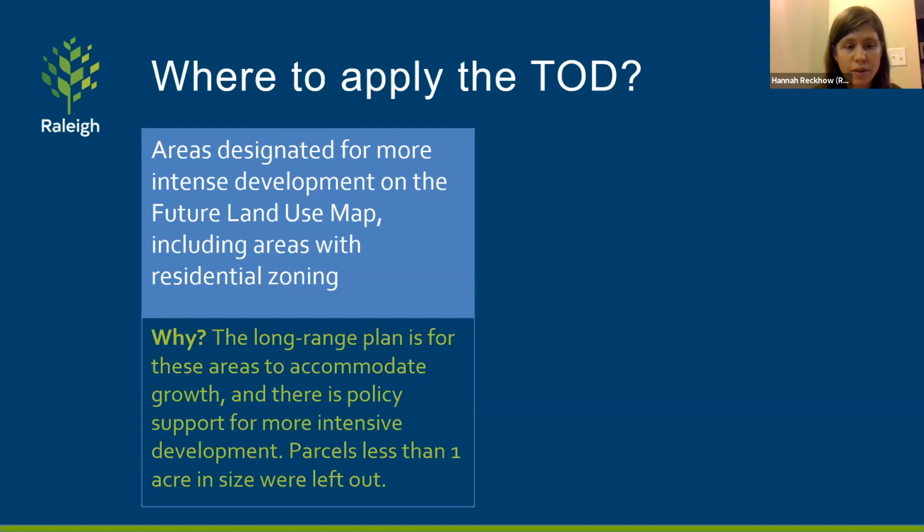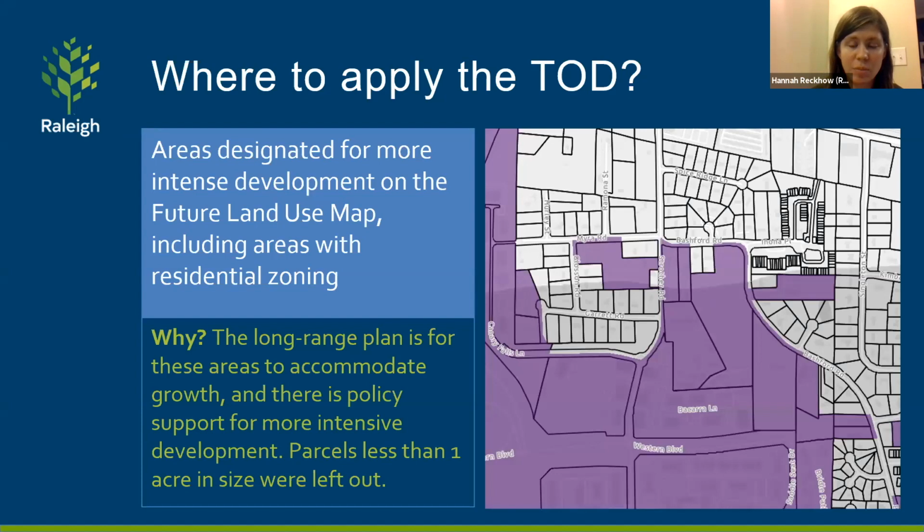And so these are areas where there is a long-range plan to accommodate growth and likely to be redevelopment here. An example of this is also along Western, farther west, north of Western Boulevard near Bashford Road. These properties are larger in size and don't currently have mixed use development, but are designated for more intensive development on the future land use map. And I'll note here again, we're looking at properties that are larger in size. So if it was less than an acre in size, it's not included in the request.